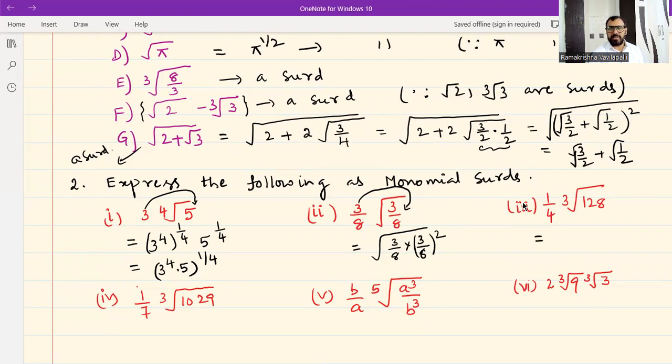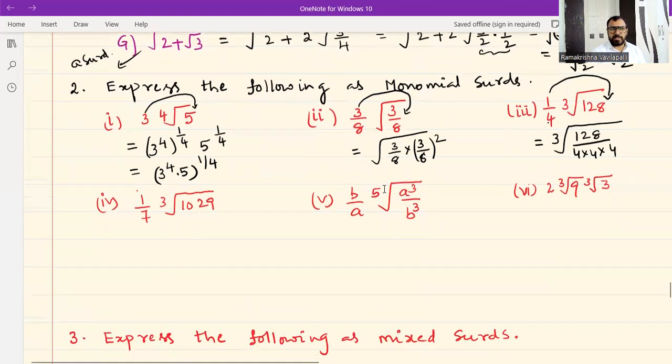And this one, you take inside this cube root. So we can write this as the cube root of 128 into this 4 has to be taken inside as 4 cube, like this.